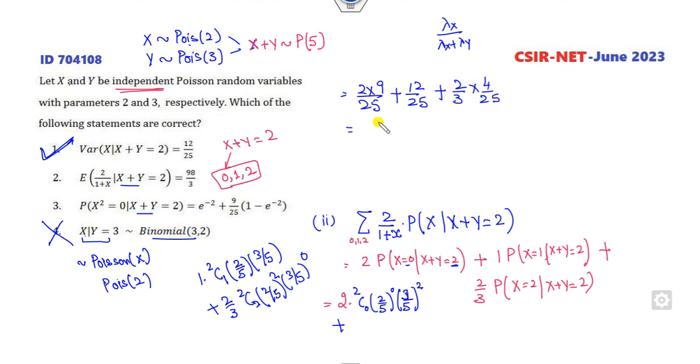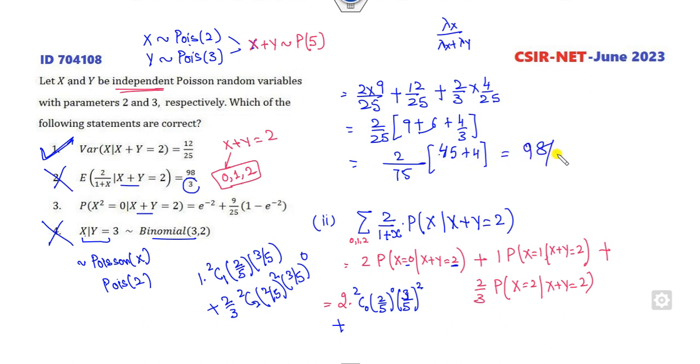So you can see I can take 2 over 25 as common, so it's 9 plus 6, and 4 over 3. The denominator will be 75, so it's 45 plus 4. Clearly it is not satisfied, because it is 49 into 2, which is 98 divided by 75, but it is given here.